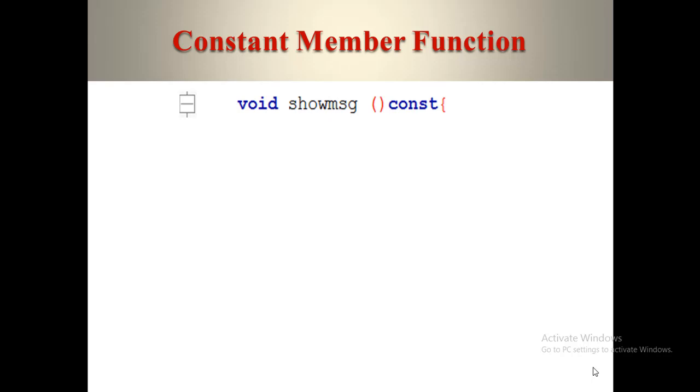Void show message, parenthesis, and then constant keyword. Constant, that's spelled out as CONST. Constant is a keyword, a reserved word that is used in a function to tell the compiler that it's a constant function.